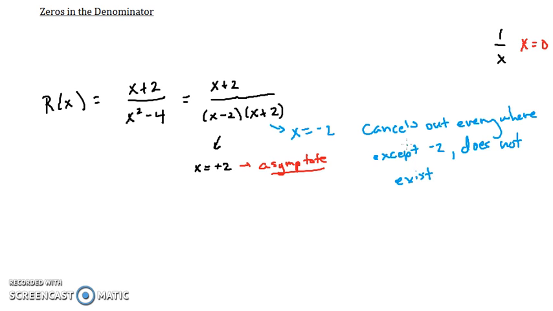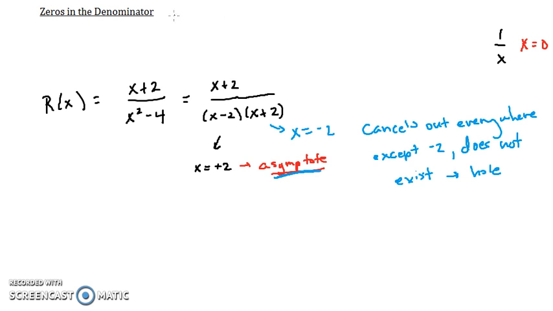So what happens here is the function's going along, everything's fine, but then at -2, we end up with a hole. Because these cancel out everywhere except for right here, we get a hole. But this one has nothing to cancel out with, so we get an asymptote.